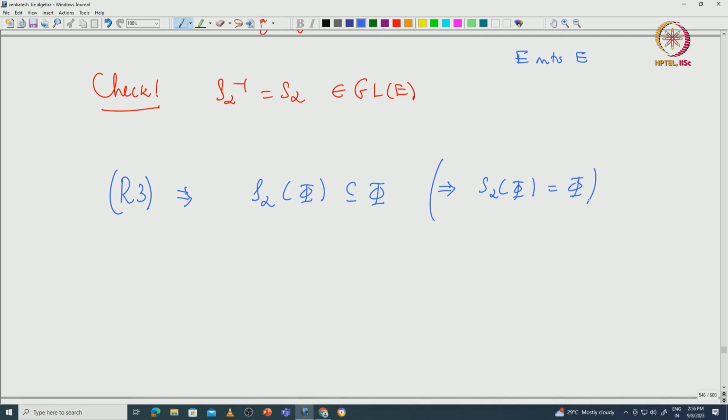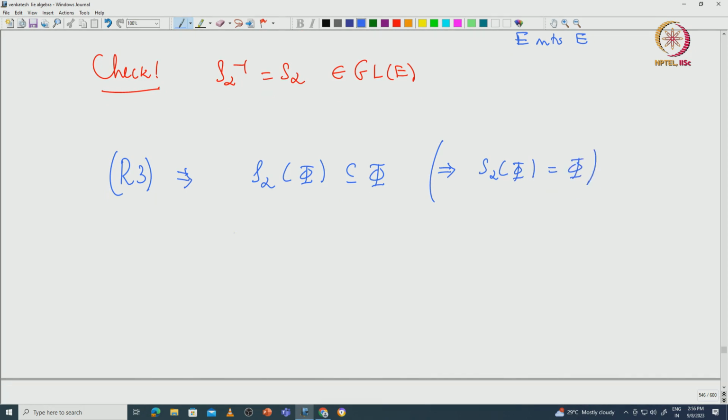Okay. So, now it is clear that W also maps phi to phi. So, any element w of W maps phi into phi, as W is generated by the S alphas, alpha is in phi, and for generators we have this condition.